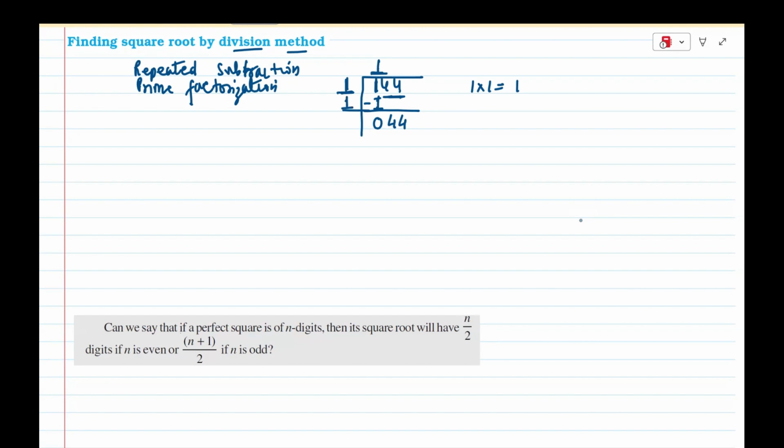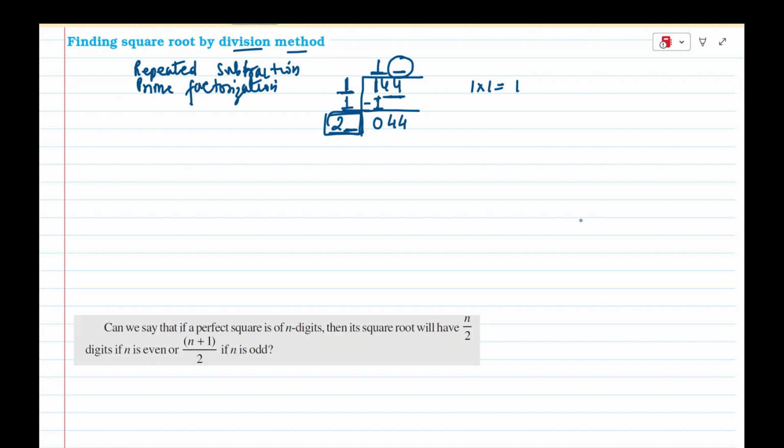So 1 and 1, it will give you 2. The process is the same. I will write one number here and one at the quotient. That number has to be the same. And multiplying these digits together with the last digit, I repeat, multiplying these two digits with the last quotient only should not exceed 44.